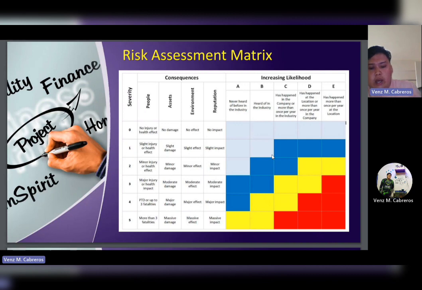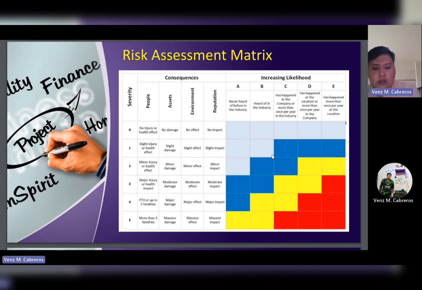So usually, how to use the risk assessment matrix: when the risk assessment process is complete, you can start to use the data in the matrix.